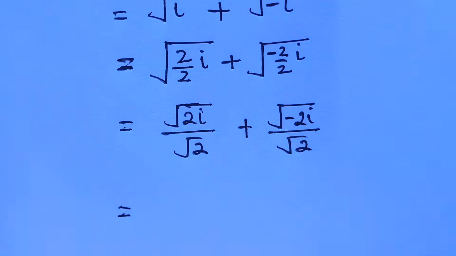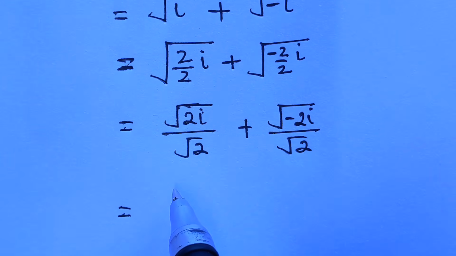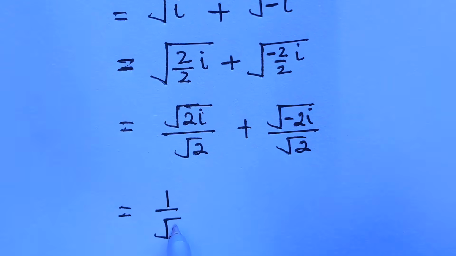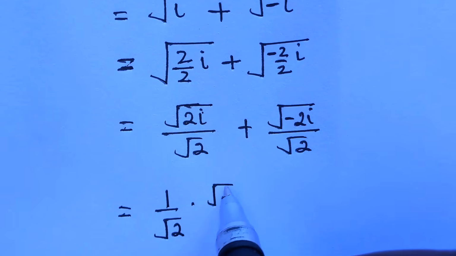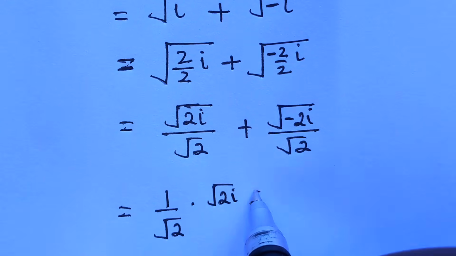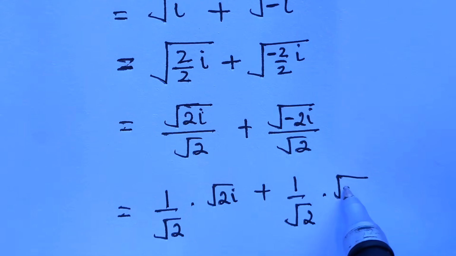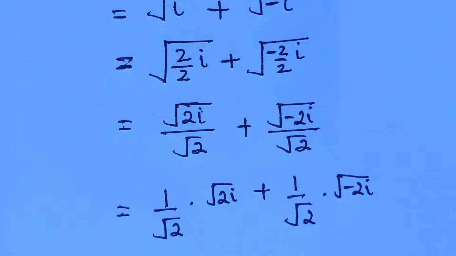And this is equal to 1 over square root of 2 times square root of 2I, plus 1 over square root of 2 times square root of negative 2I.